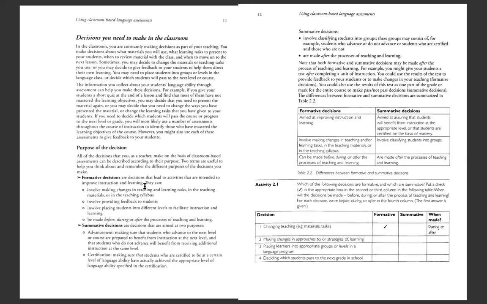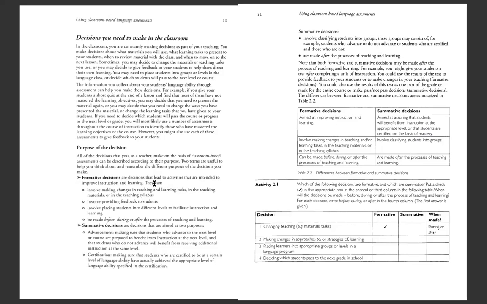Remember what formative is, like formative assessment: everything that you do in order to form your students, so they have a better formation. That's why it's formative. It comes from the verb forming, molding students.